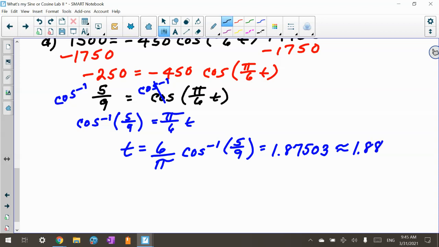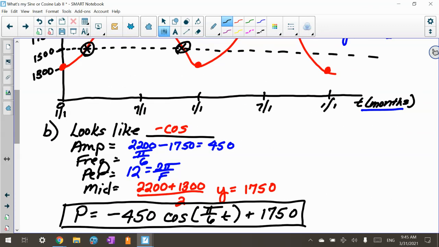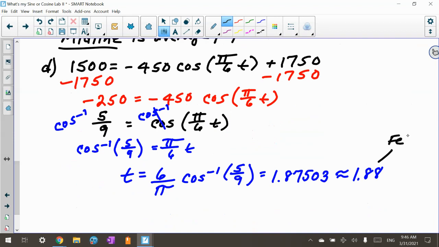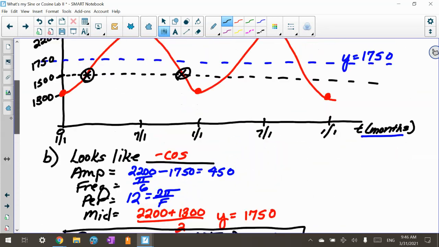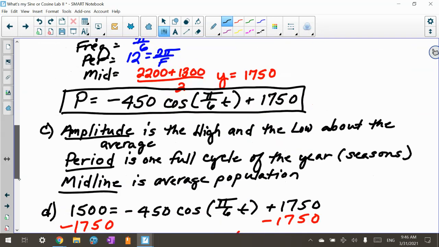So the two times this is going to happen: if we look at our graph, if 0 is January, then 1.88 is going to be February sometime. Then I subtract 12 minus 1.88, because we're trying to find the other time of the year this happens, which is going to be in the fall, or maybe near the winter.